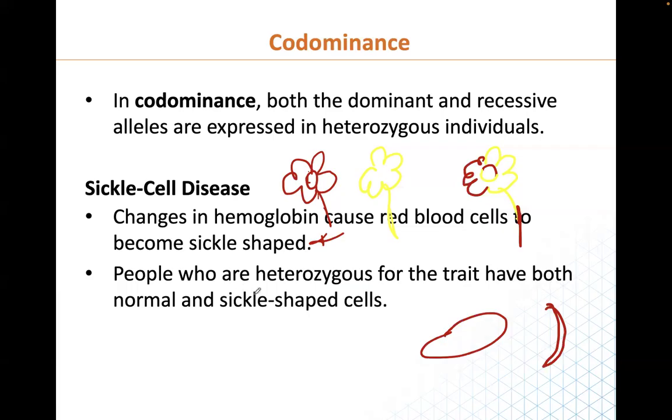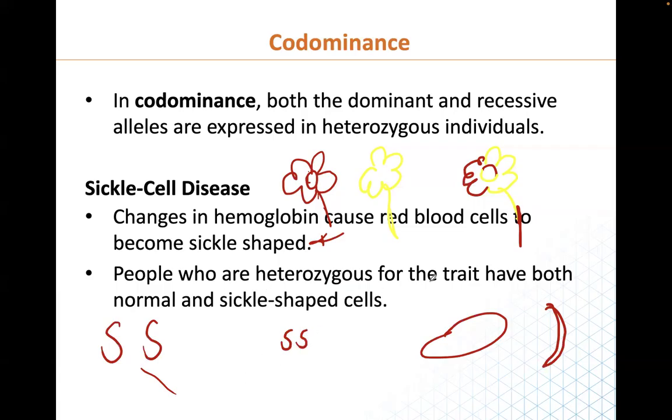So people who are heterozygous for the trait have both the normal and the sickle shape. This is what we say is codominance. Let's say a person who is normal has SS, and a person who is sickle has this. If you cross these two, you will get some heterozygous and some homozygous.